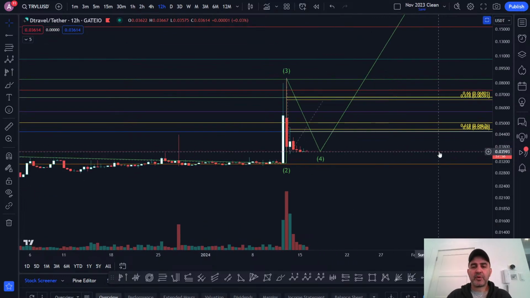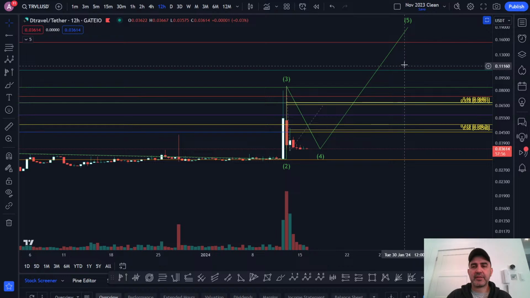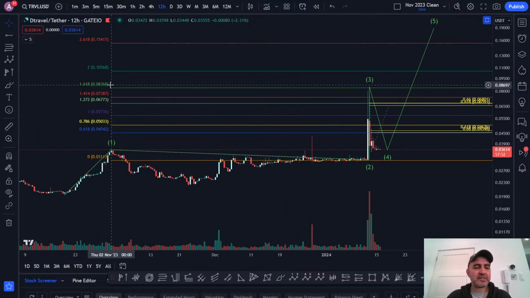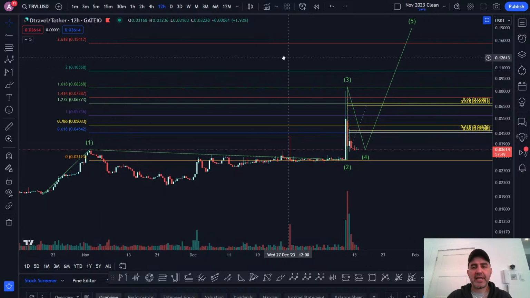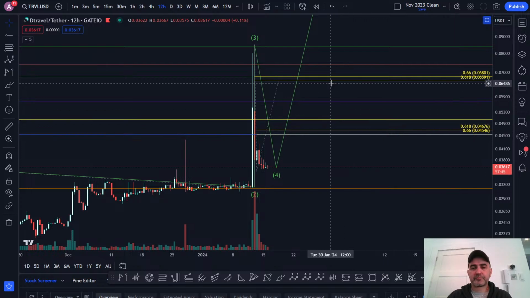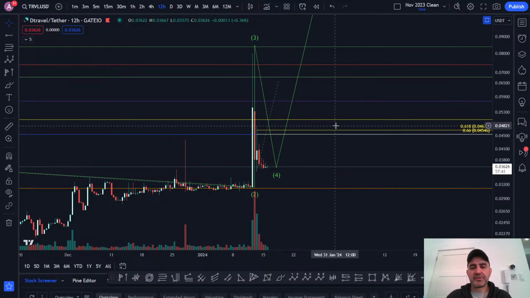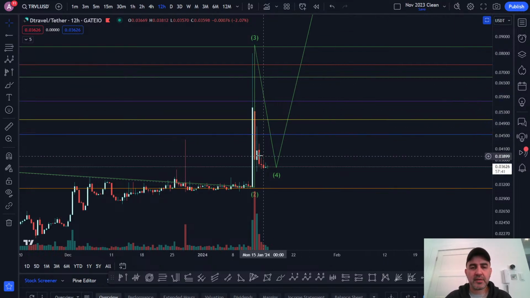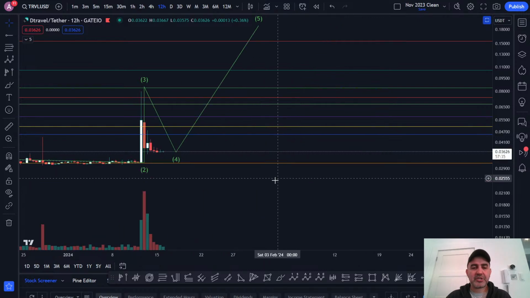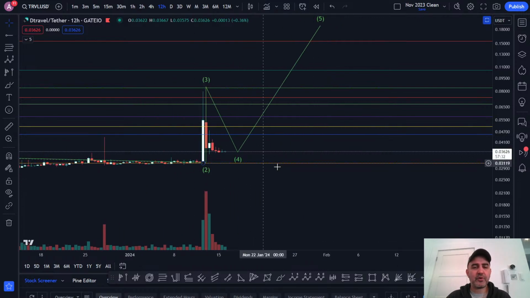And then when you do that, you can then project the next move, because what was interesting was this 1.618. So now what you can do is go, okay, if that was the 1.618 and we got up to the 1.618 and we came back to create the 4, maybe we can do the same thing on the 2, 3, 4.